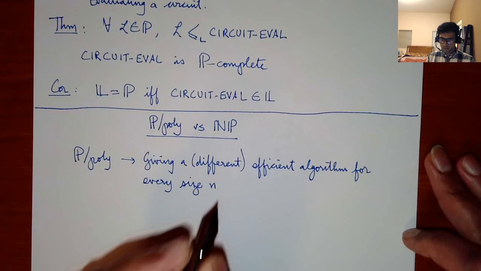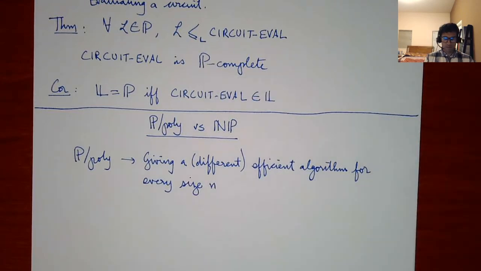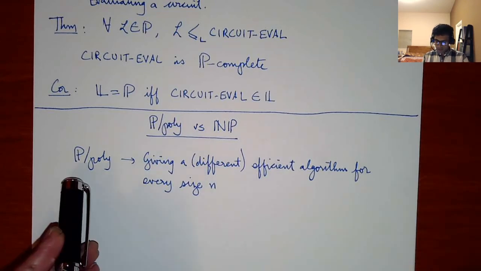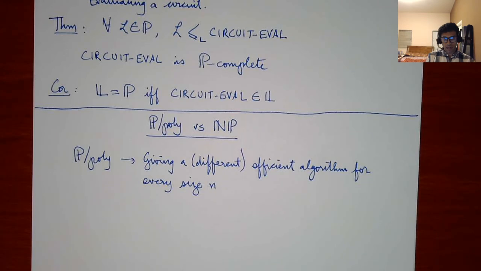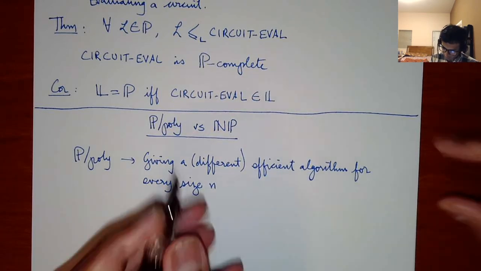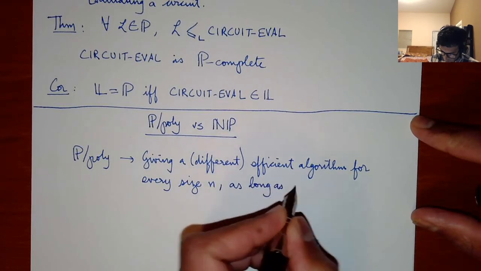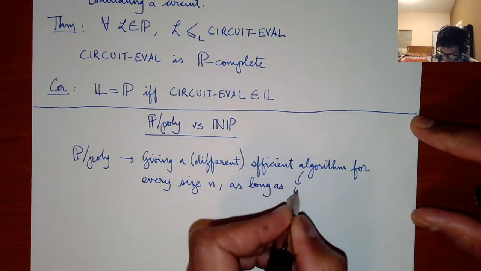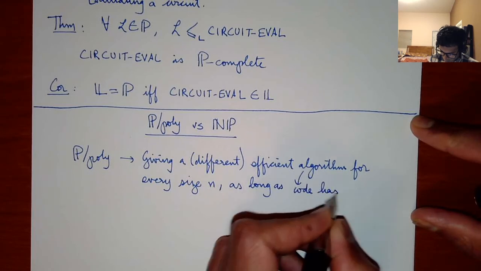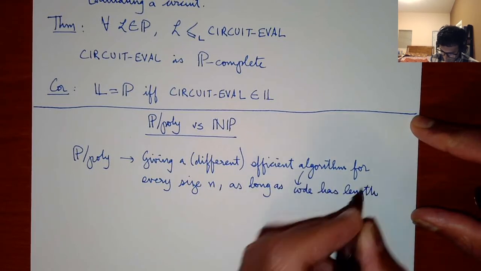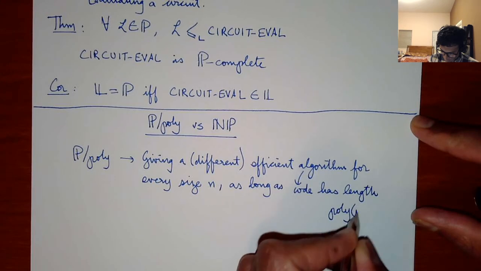So if you want to show that a language is in P/poly, or if you're trying to understand what P/poly is, there's a lot more slack than P. A polynomial time algorithm has to work for all inputs. P/poly says you can give a different algorithm for every size n as long as the algorithm code has length polynomial in n.